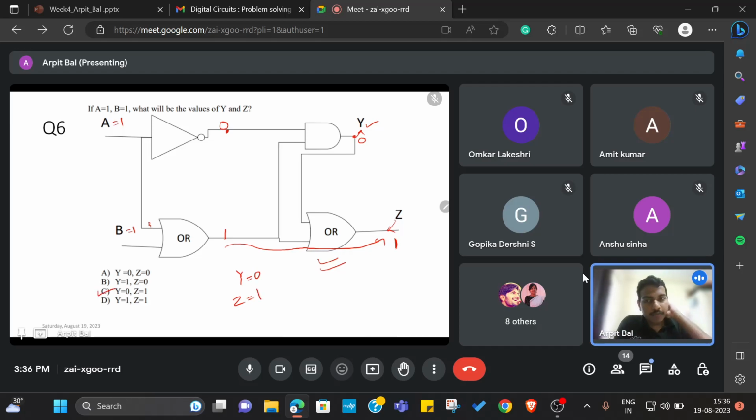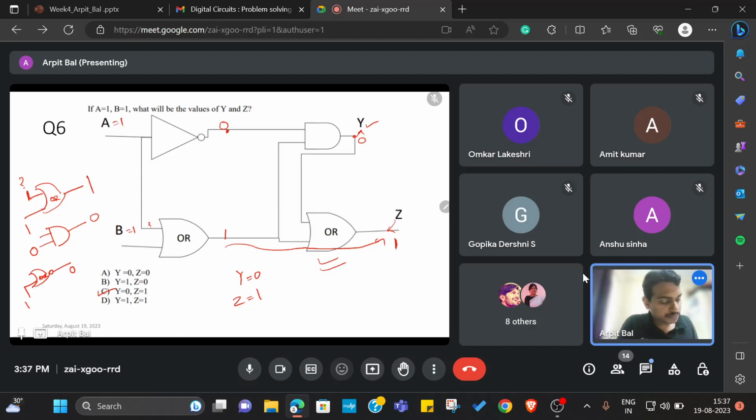These kinds of patterns you need to recognize: if you have an OR gate and any of the terminals is 1, then the output will be 1, irrespective of the other value. Similarly, for an AND gate, if any value is 0, the output will be 0. For a NOR gate, if any of the values is 1, then the output will be 0.